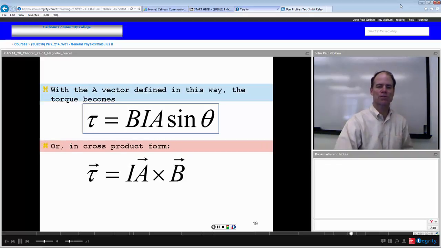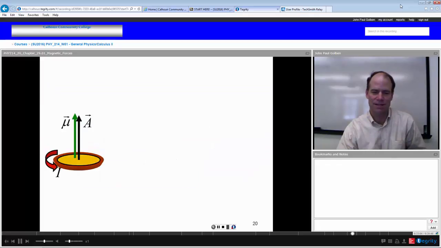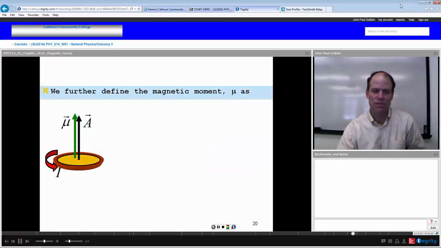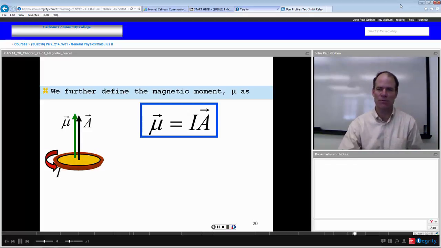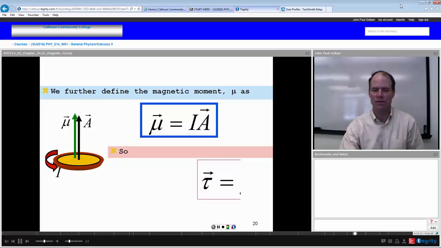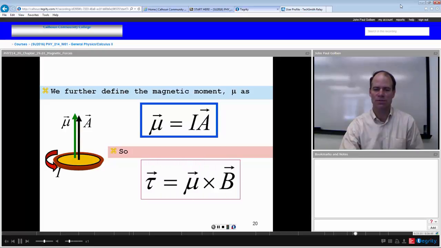So in cross product form, it is the current times the area vector crossed with the magnetic field, A cross B. Which, if we define what we call a magnetic moment, which is the current times the area vector, hence the magnetic moment is going to have the same direction as the area vector and multiplied by the current, then we say that the torque on this loop is equal to the magnetic moment crossed with the magnetic field.